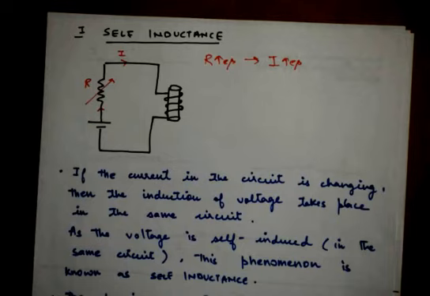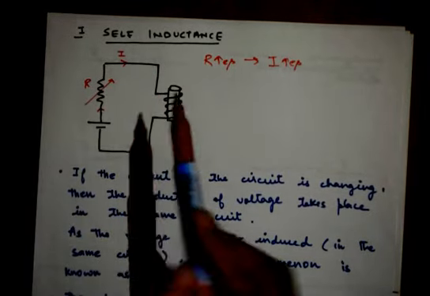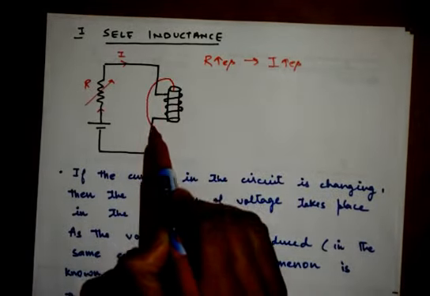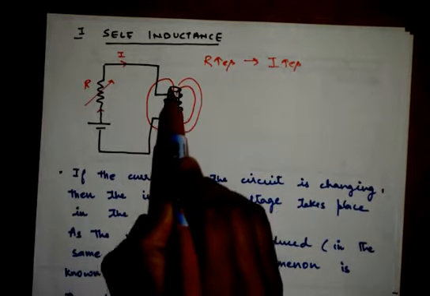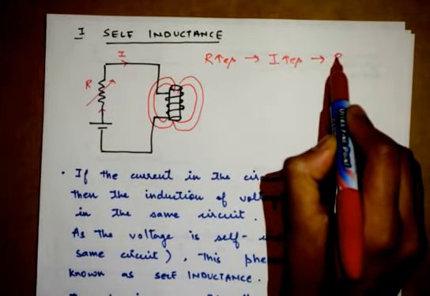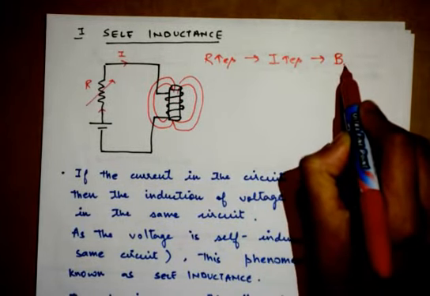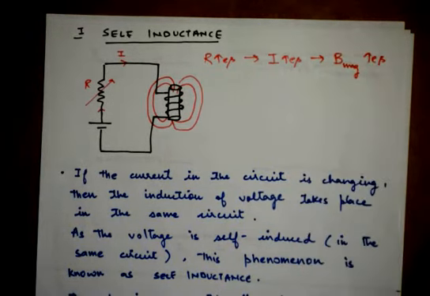As this current is flowing through the solenoid, the changing current will lead to a changing magnetic field. This same current is going to flow through this solenoid also. So due to the varying current, the magnetic field which is getting created around this coil will also change. Therefore the magnetic field also increases.